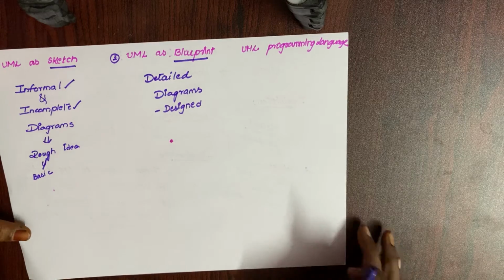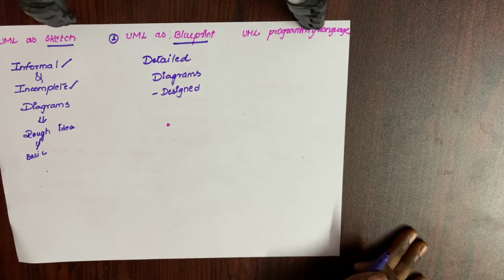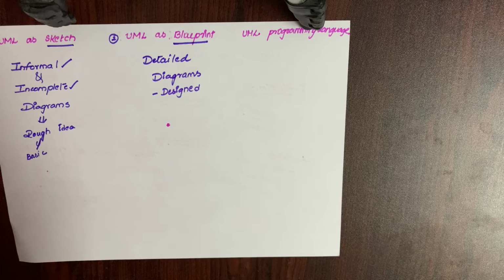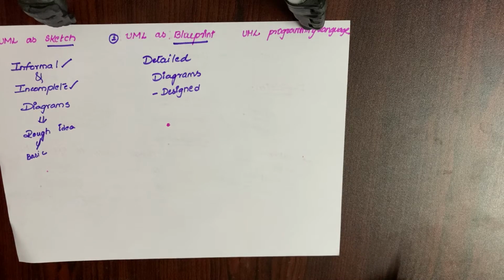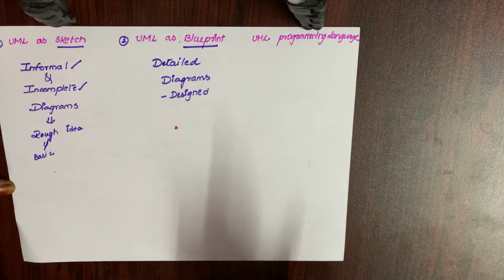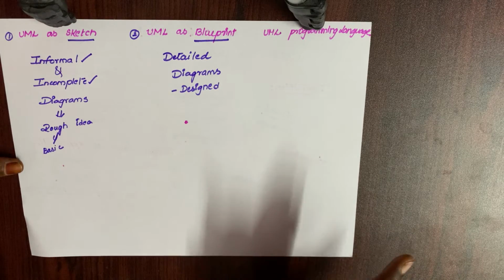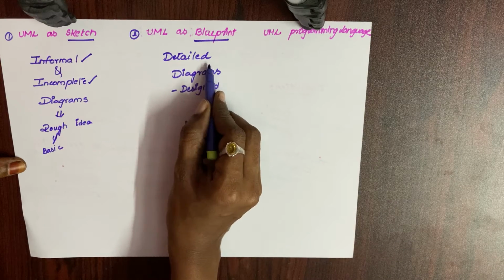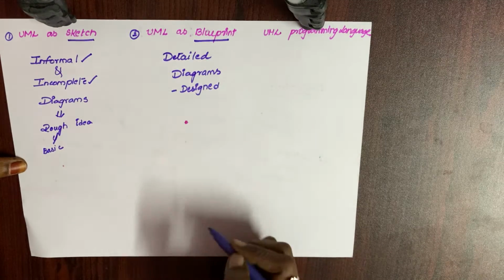Let's take an example: while constructing a house, we can see a blueprint, because the worker or the constructor just needs a blueprint, where we have to construct all these rooms, hall and garden. They need a blueprint to analyze and organize all these diagrams in a detailed manner. That is addressed as the blueprint.